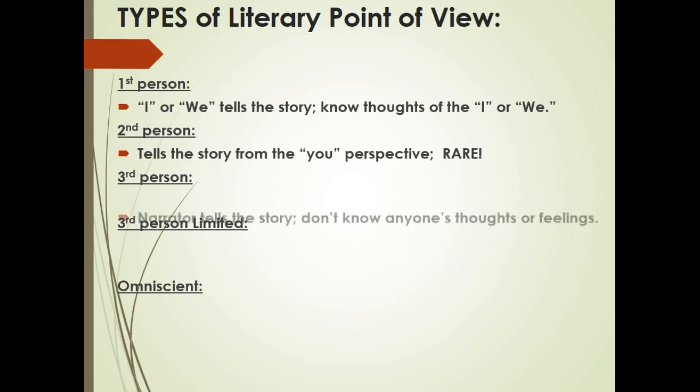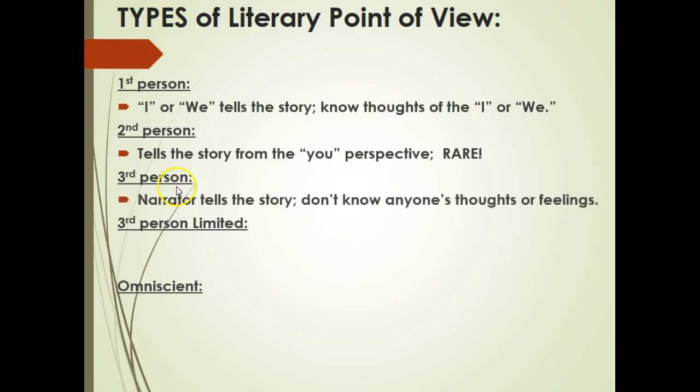Third person, otherwise known as third person objective. So right here beside your notes, write objective, O-B-J-E-C-T-I-V-E. A third person narrator means a narrator tells the story and just says what is happening.